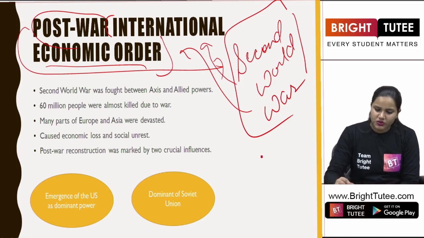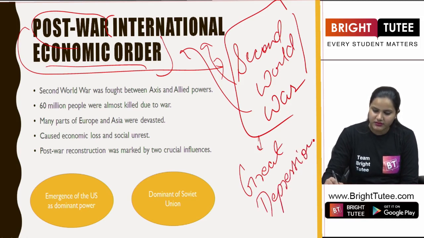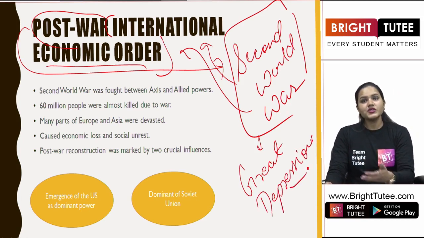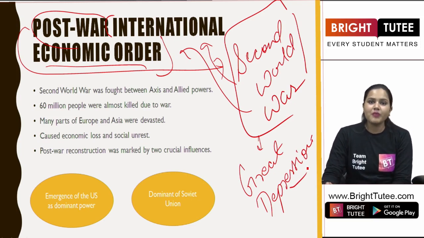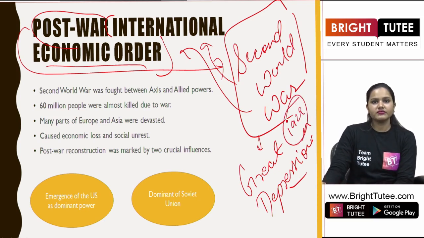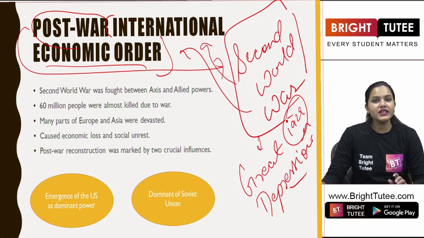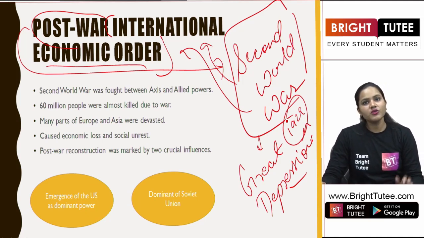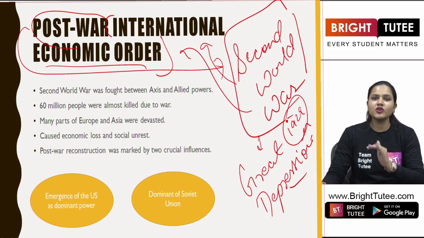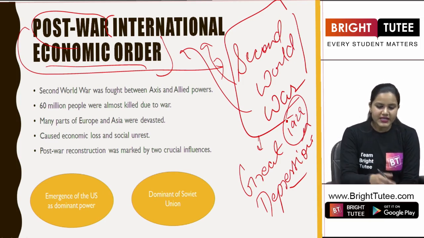Now, students, you have learnt about the Great Depression. Am I correct or not? Yes. And you also saw how India was impacted in this Great Depression that started somewhere in 1929, right? So here let's focus on what happened in the Second World War and what were the changes that took place worldwide after it.